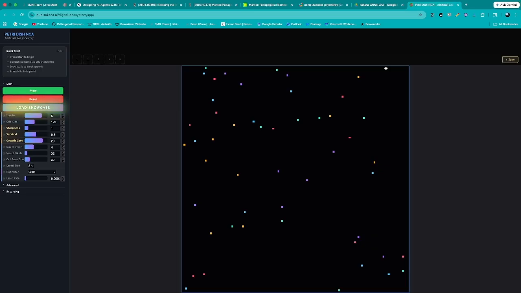If you're familiar with the work of Bert Chan, who works out of Japan, he was another early person who was working on neural cellular automata, and this is something that Sakana AI has developed. It's a demo of Petri dish NCA. So this is just the demo, and we're going to walk through it.